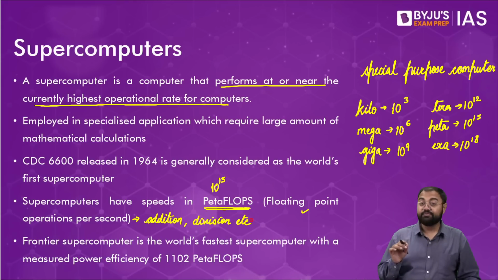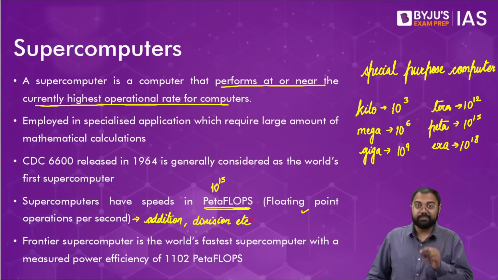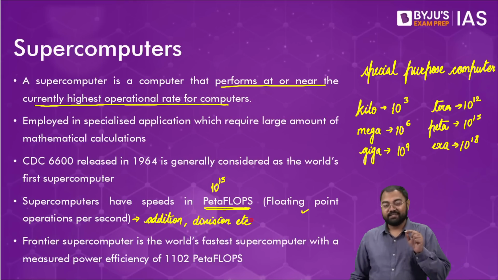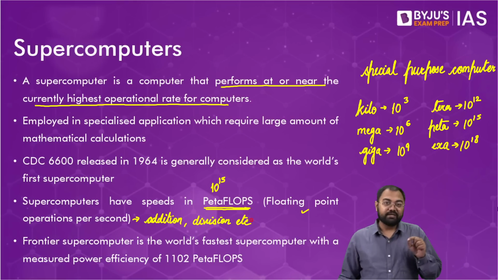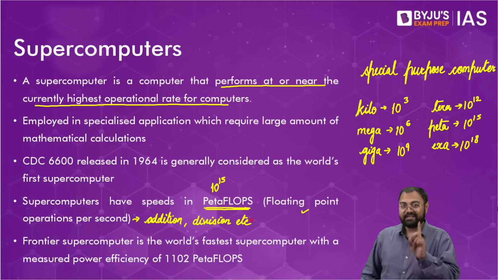So what we are saying here is that if, let's say, any supercomputer has a speed of 1 petaflop, it means that it can do 10 to the power of 15 calculations in 1 second. That is 1 petaflop.